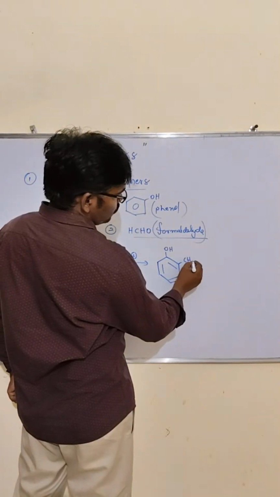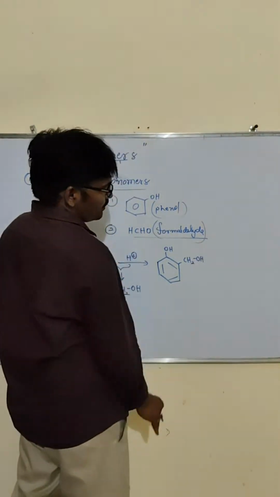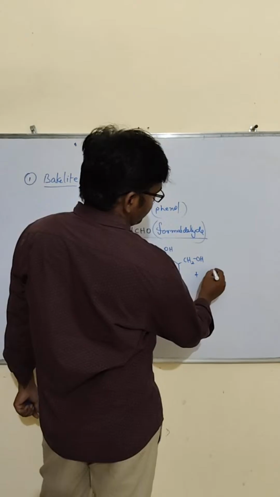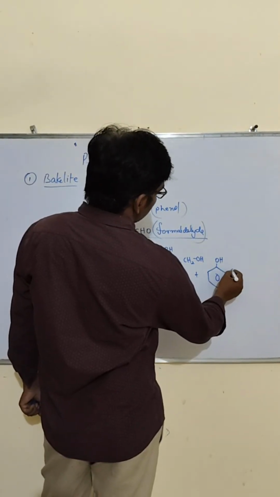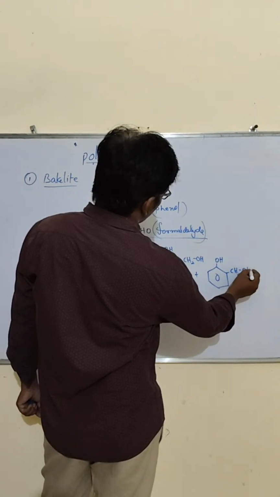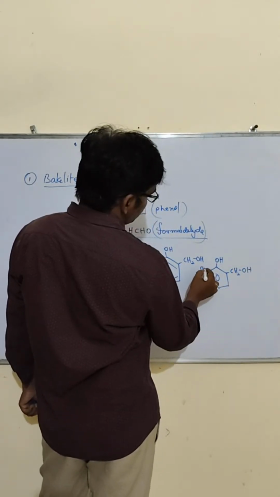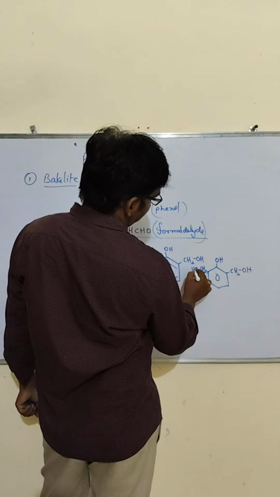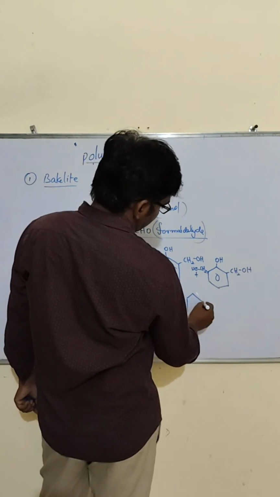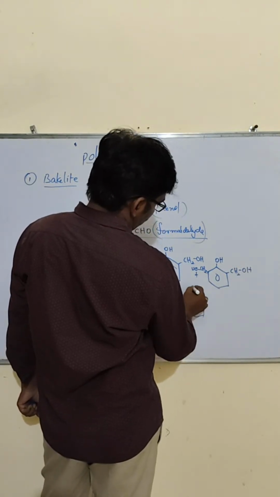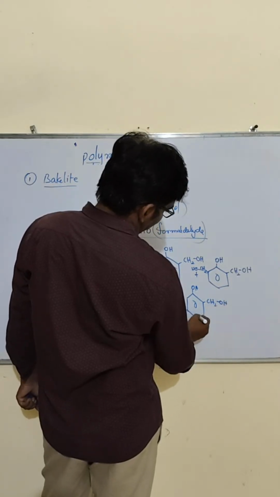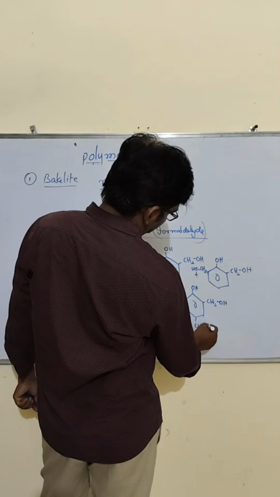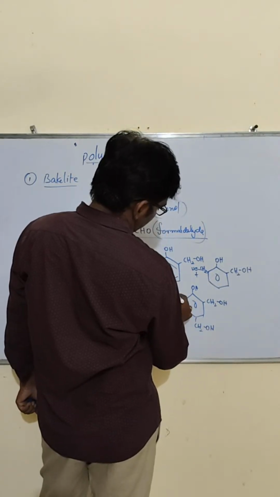So CH2OH groups attach at ortho and para positions, and a compound like this will be formed.